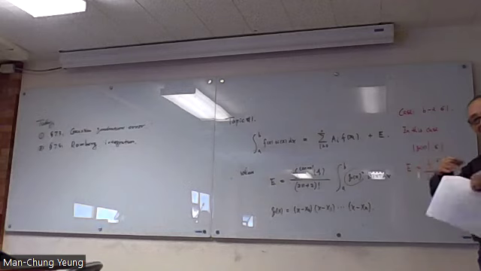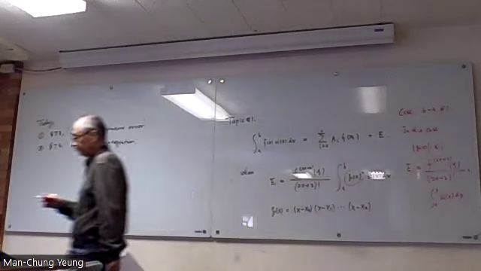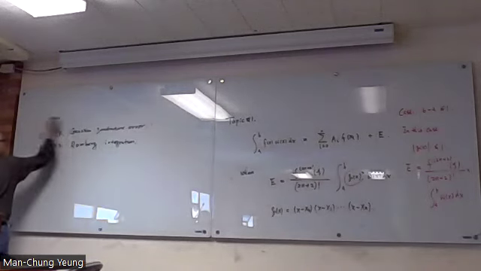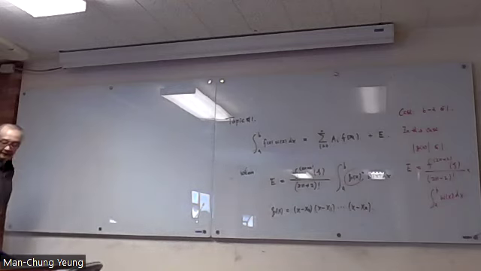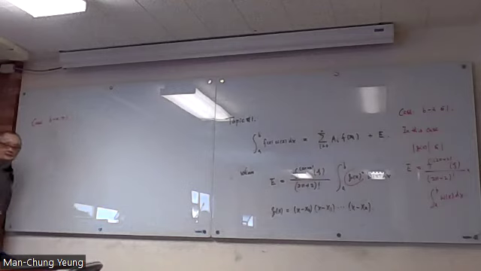Now the case where the length of the interval is greater than 1, b minus a greater than 1. How to handle this case? Cut the interval into subintervals.